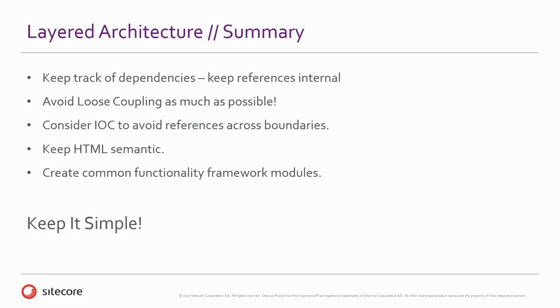So IOC is very handy for those kind of references where you need to refer between different modules. So for example, let's say we have a navigation or a search. The search searches across many different page types. And when we're on the search list, we need to be able to show a title.